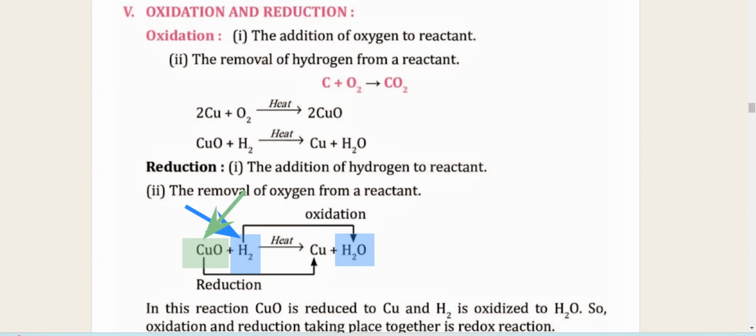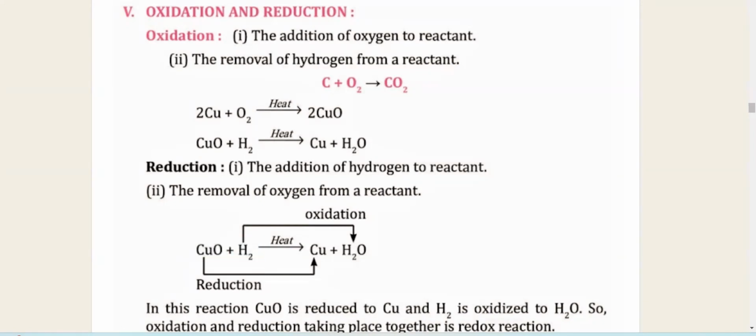Moreover, they can also ask you the oxidizing agent and reducing agent. The substance which is getting oxidized is hydrogen, but who is supplying oxygen to it? It is copper oxide. Therefore, copper oxide should be considered as the oxidizing agent. And similarly, hydrogen can be considered as the reducing agent.